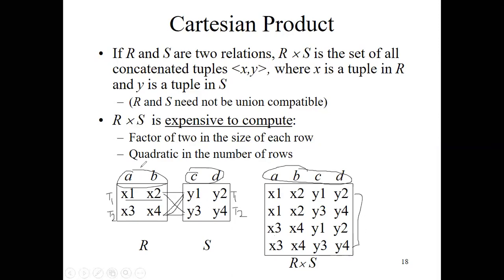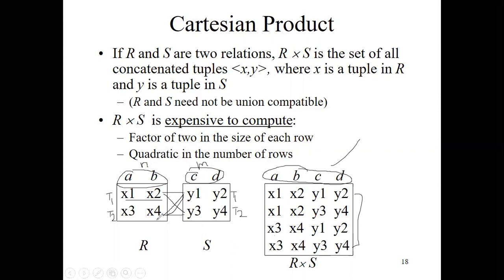Let's say there are n attributes in R and m attributes in S. So n plus m will be the number of attributes in the resultant relation.